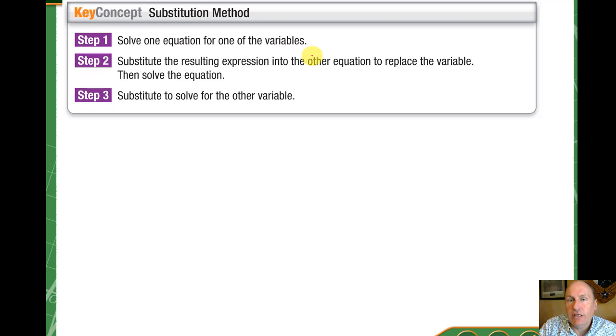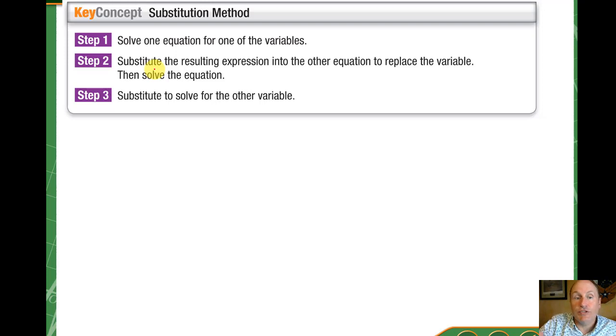So the substitution method is a 3-step process. First, we're going to try to solve one equation for one of the variables. When we've done that, we're going to take that, which is now an equation with just one variable in it instead of 2, and substitute that expression into the other equation to replace that variable.